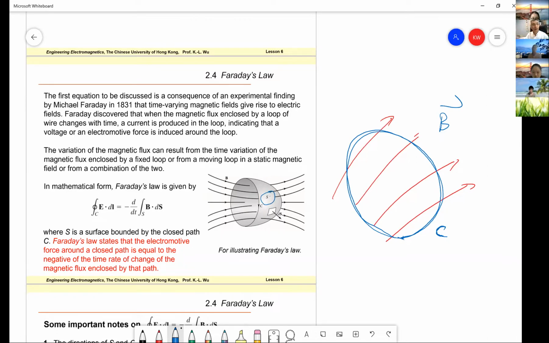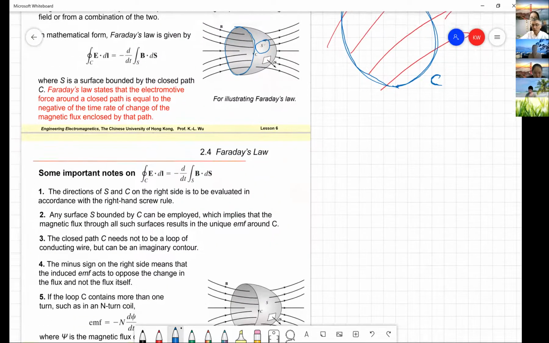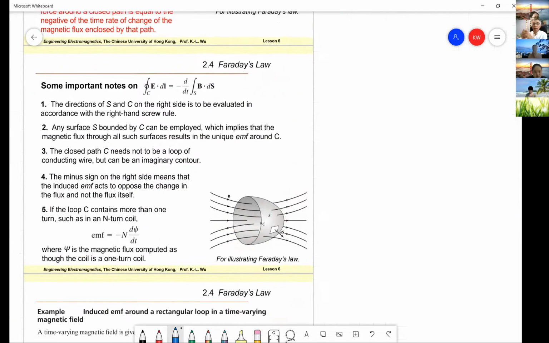This surface can be of arbitrary size, as long as its opening is defined by the same contour C. An important point from this discovery is that the direction of the surface S and the contour C follow the right-hand rule.